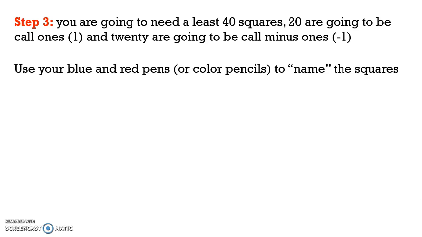So here I'm going to show you an example. If you use the blue and red pencil or the colors, you are going to name the squares like this. You have your square. Once you have cut it out, if you are not a good cutter, ask your parents for help. Inside of it, I'm going to use the blue color and write 1.